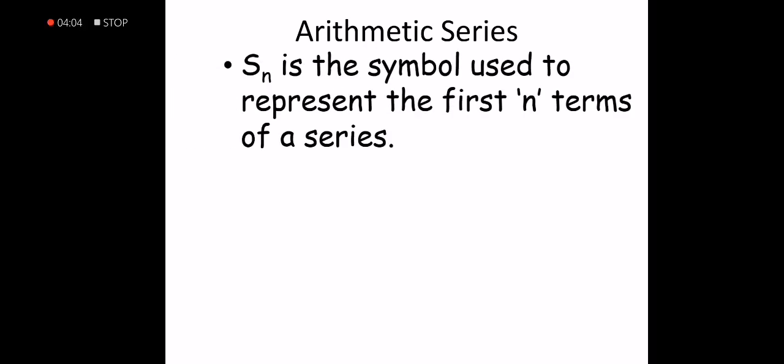S sub n is the symbol used to represent the first n terms of a series. Ibig sabihin, kapag sinabi natin first n terms, yun yung unang mga numbers ng sequence na pag-a-add natin.